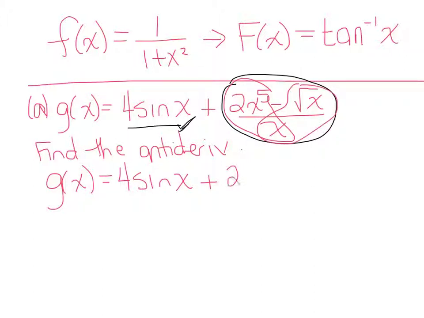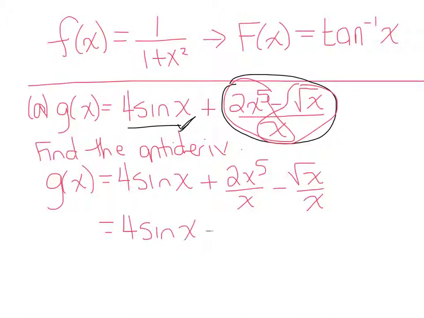So that's 2x to the 5th over x, and then minus the square root of x over x. And so if we simplify that before we even take the antiderivative, we'll get 2x to the 4th, and then minus, if we look at this, I think that ends up as being 1 over the square root of x. Right, x to the 1/2 divided by x to the 1 will leave us an x to the negative 1/2, or 1 over the square root of x.